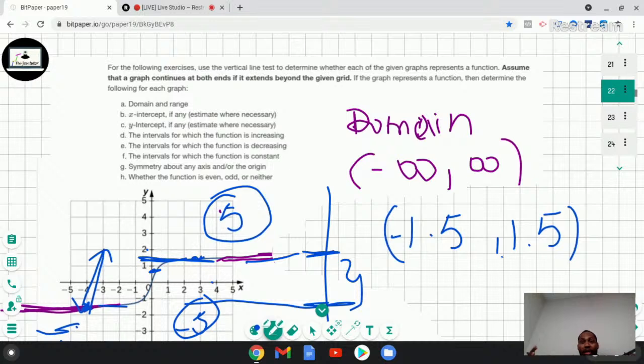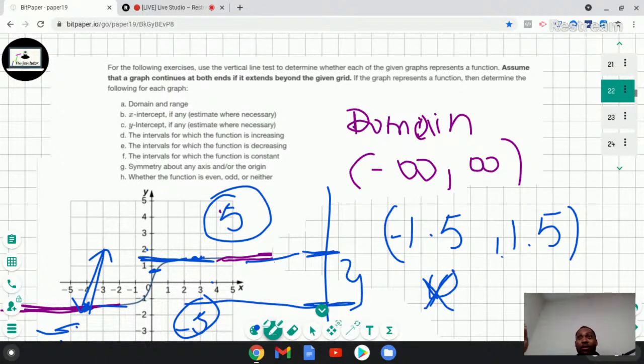So in this case, you just look at it, it's visual. In a calculator, if you had the equation, you can set it equal to 0 and find the values where y equals 0.